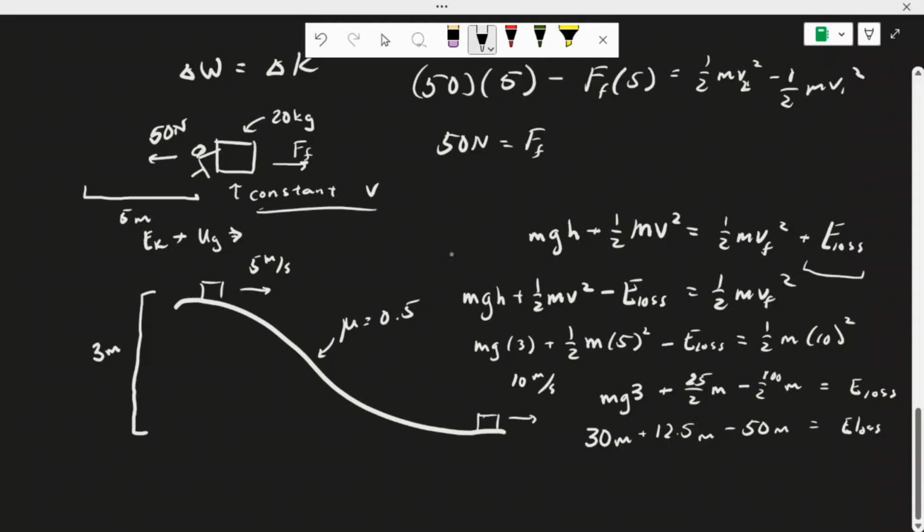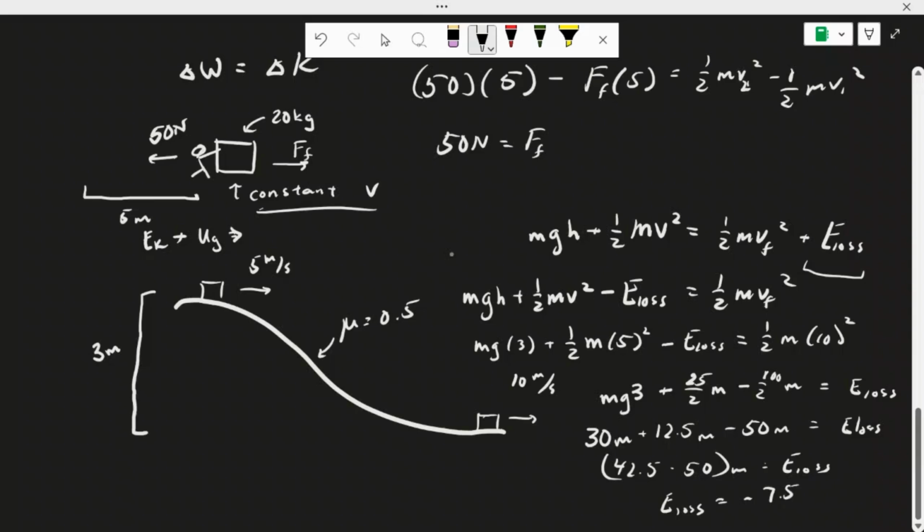And then we get, this is going to be funny. All right, so then we would get 42.5 minus 50 m equals E loss. So actually we gained energy, because our E loss, which we assumed to be positive, is negative 7.5.